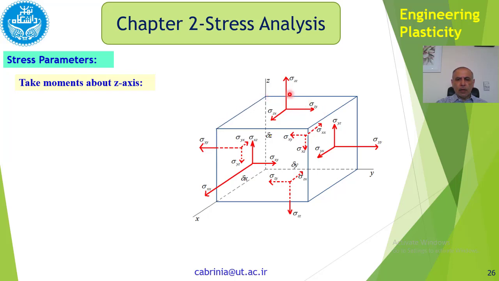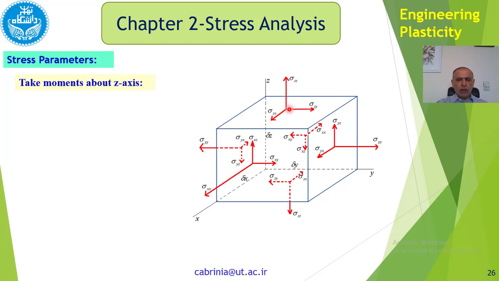So delta x times delta y is the area of this plane, times sigma zy is the force, and times this distance. This distance is in the middle of this plane, so the distance is delta x over 2. Therefore the moment is sigma zy times delta x times delta y times delta x over 2. And because the moment is anti-clockwise, and usually we take anticlockwise as positive, this is a positive moment.